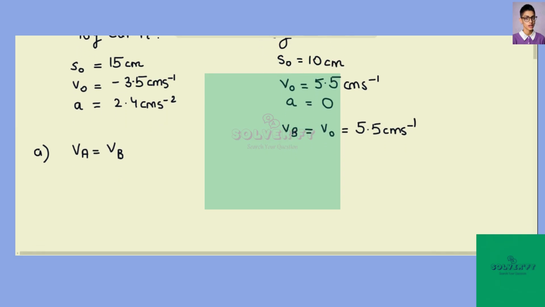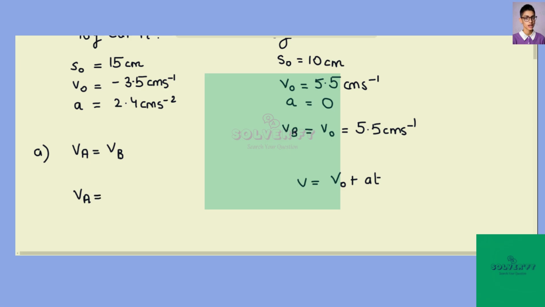Now, the velocity of A depends on time, and we'll use the kinematic equation v equals v naught plus at. This formula gives the velocity as a function of time for any object undergoing constant acceleration.